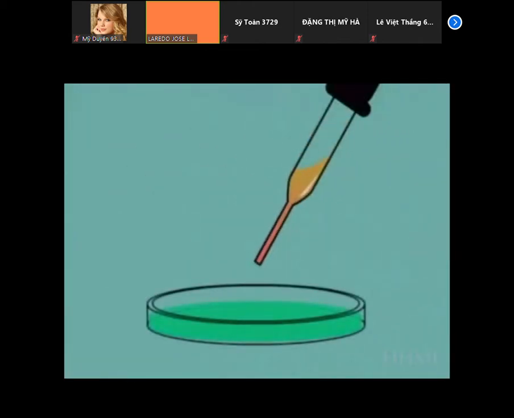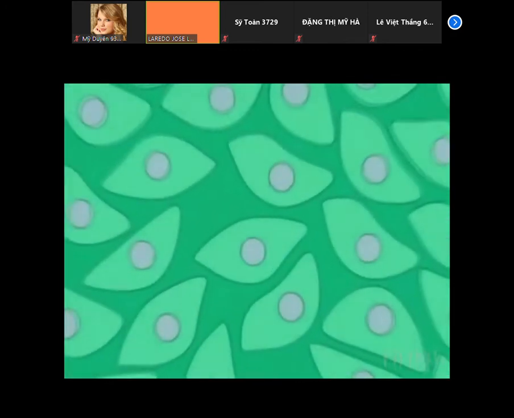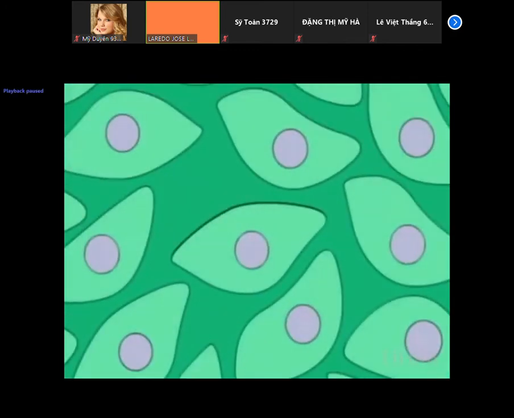So these are the virions. Remember, the virions are the extracellular form of the virus. These are host cells that are going to become infected by the virion.